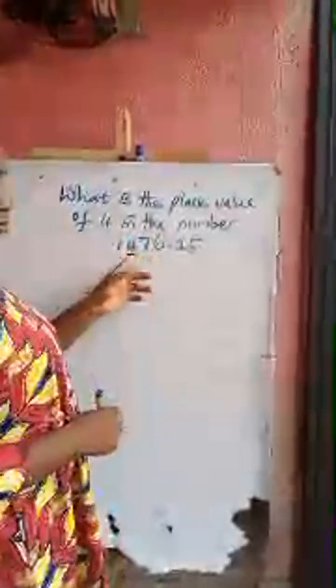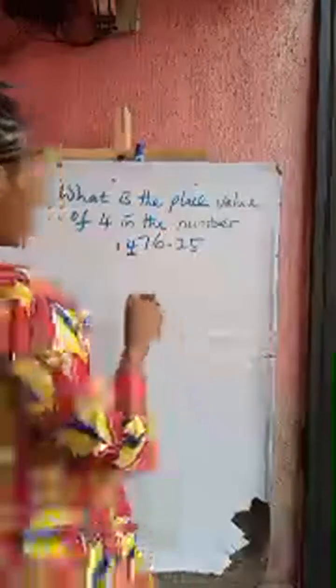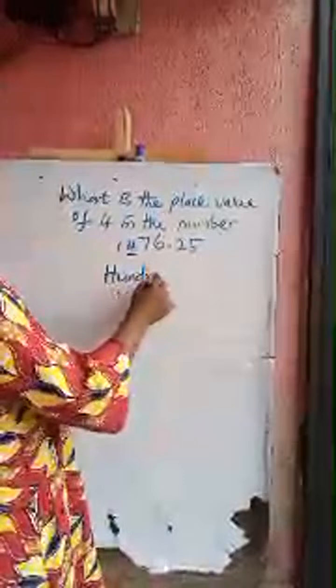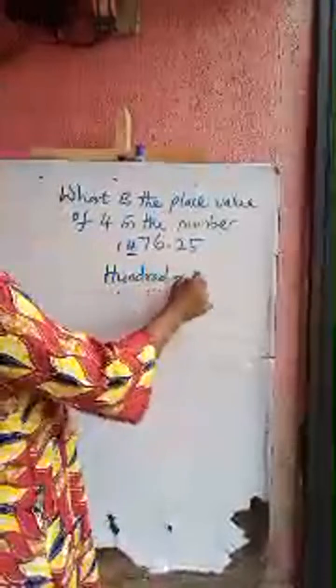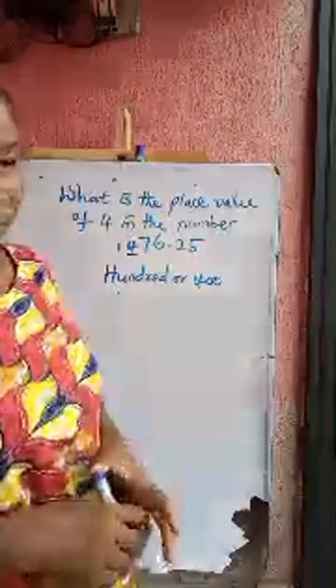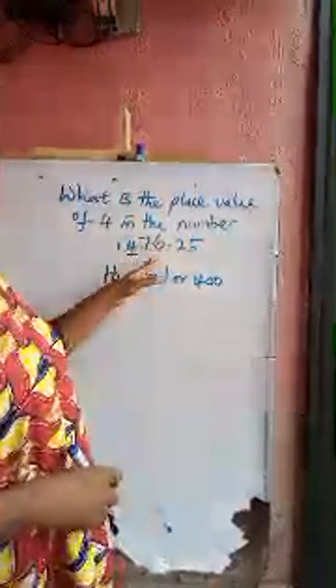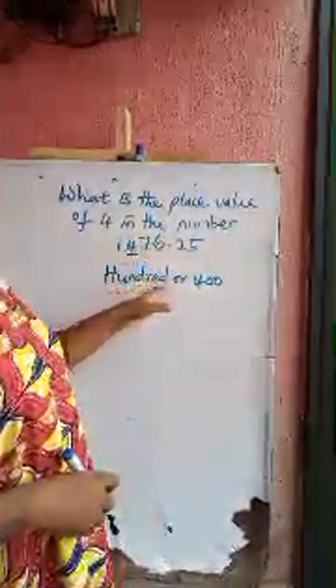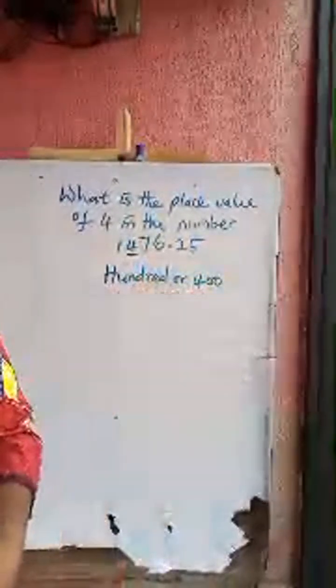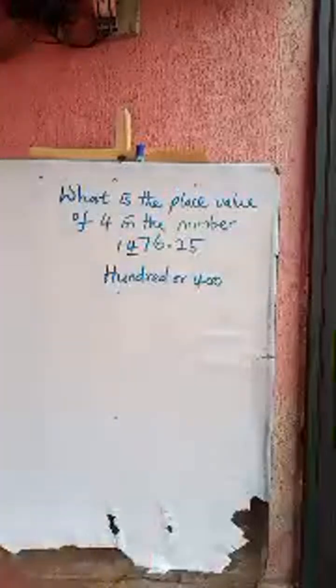So the place value of 4 in this number is 100, or written in figure, 400.